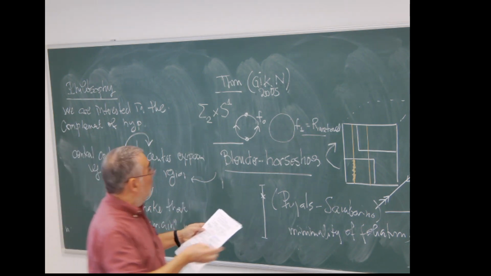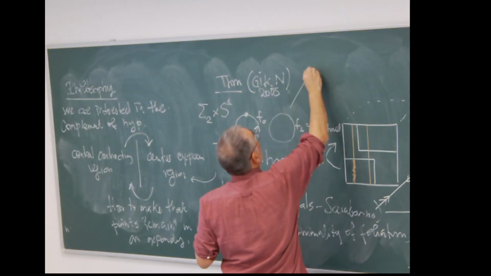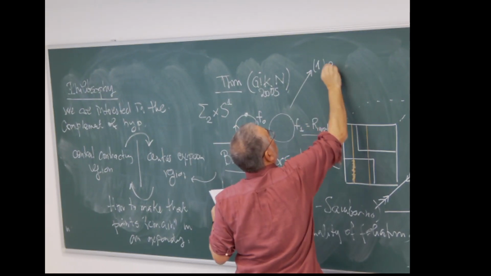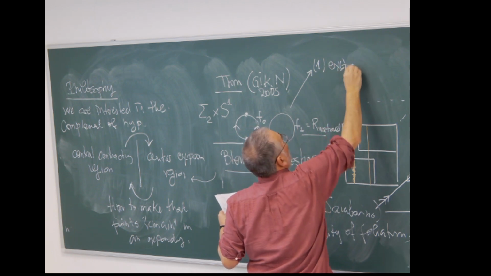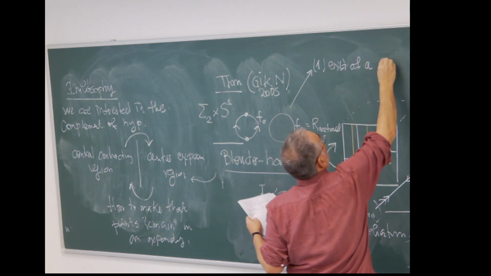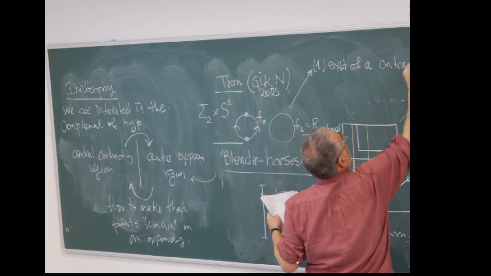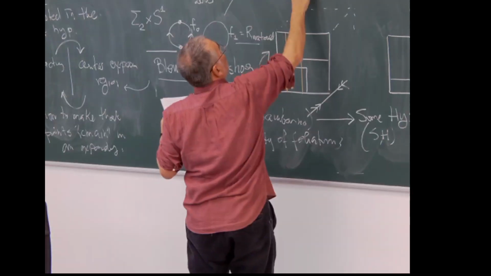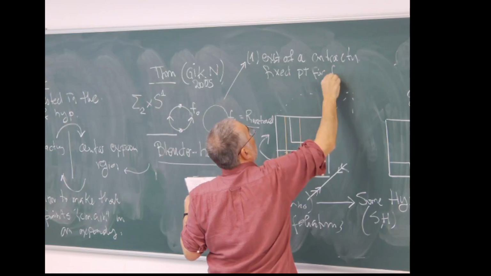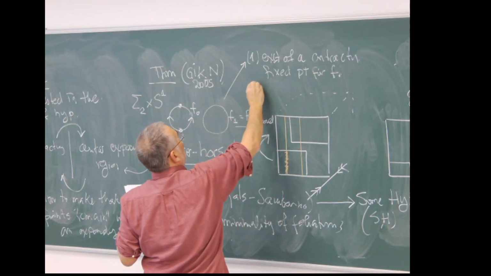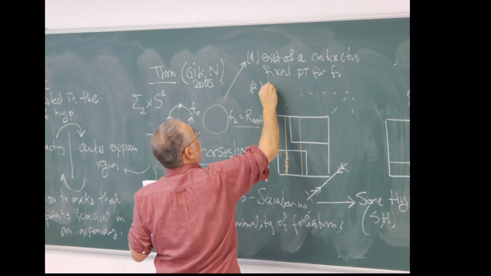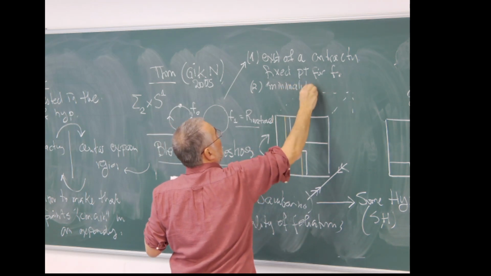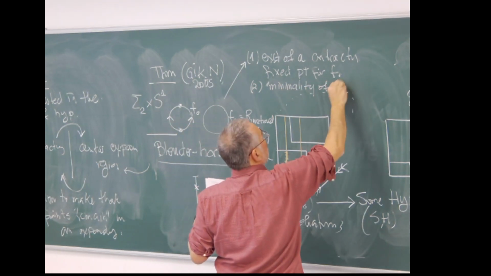Okay, they assume, one, the existence of a contracting point. They also assume a minimality of the F_i.